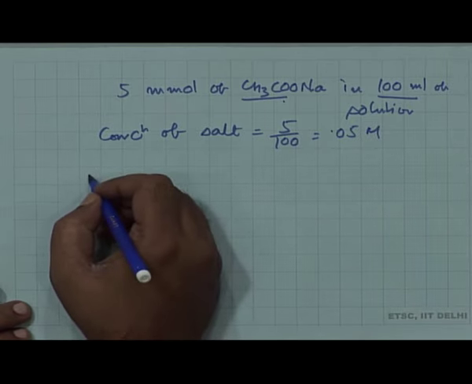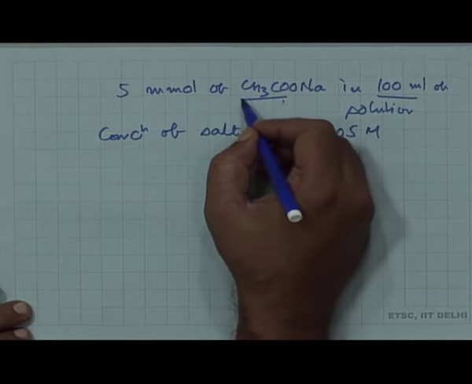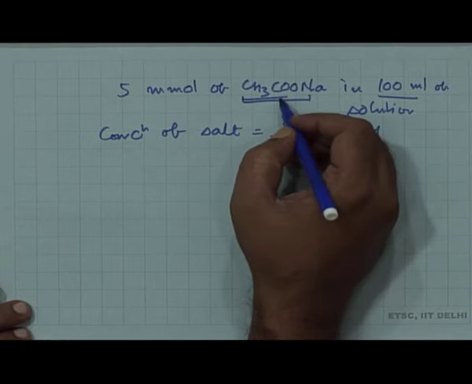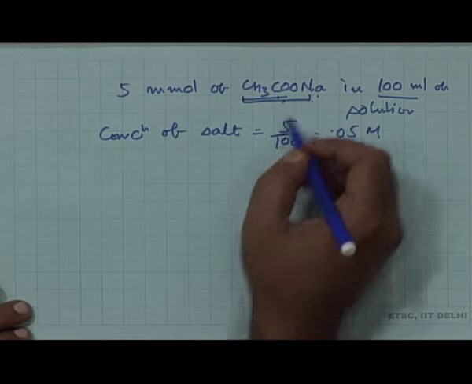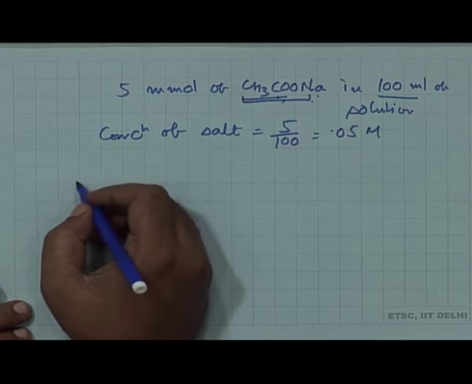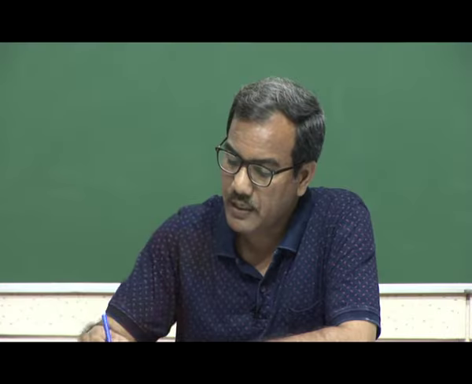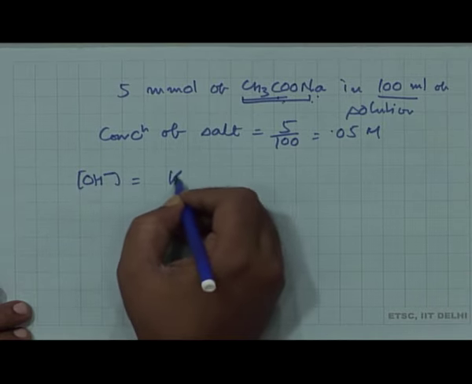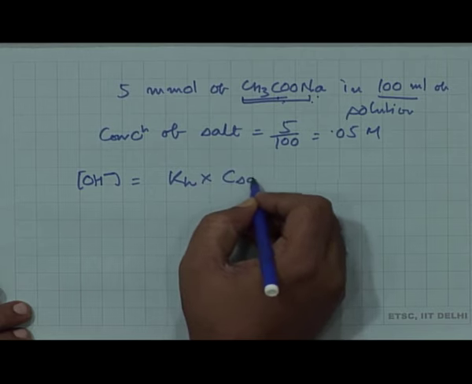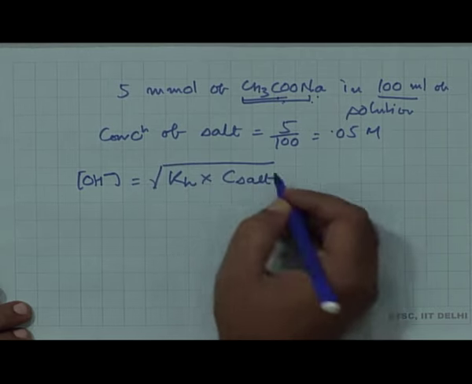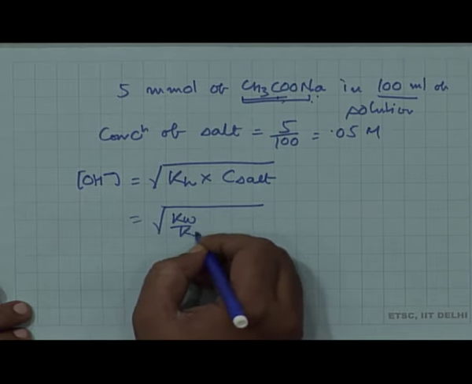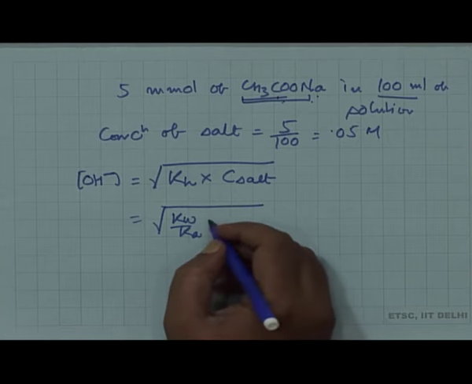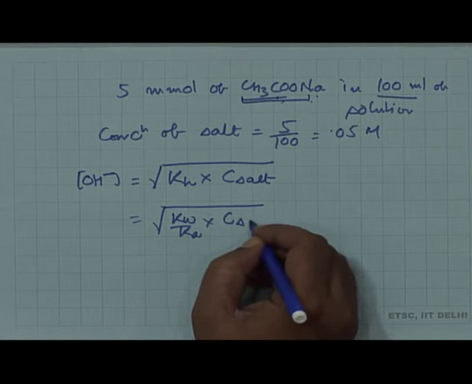Now, what will be the H plus ion concentration? So, you just see this is just a salt of weak acid and a strong base. So, it will be an alkaline solution and you have OH minus ion concentration equal to the square root of Kh into C salt, and Kh is Kw by Ka, Kw by Ka into C salt.